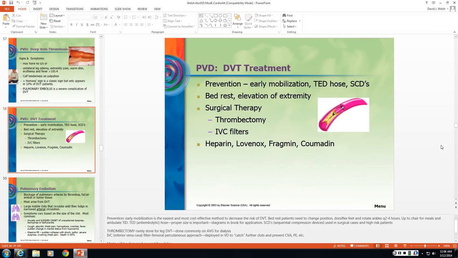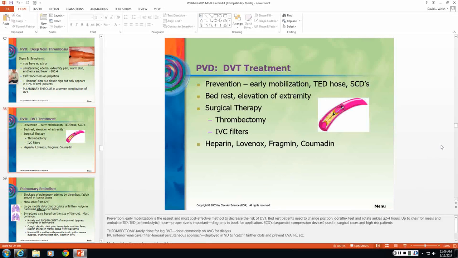Surgical therapy, they might do a thrombectomy, which is rarely done for leg DVT, commonly done on AVG for dialysis. Now, IVC filter, which is an inferior vena cava filter. A lot of times these are put in.